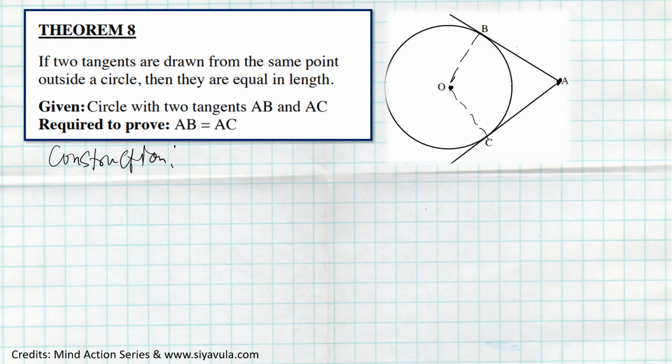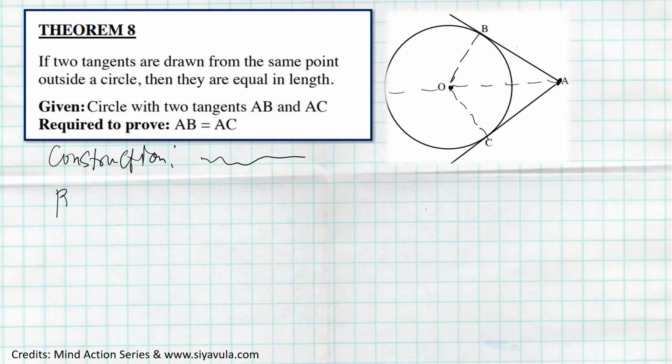After drawing that, we can draw a line to form two triangles, a line that will bisect that quadrilateral. So that's what you will write in your construction: join line O to B and line O to C, and join line O to A.